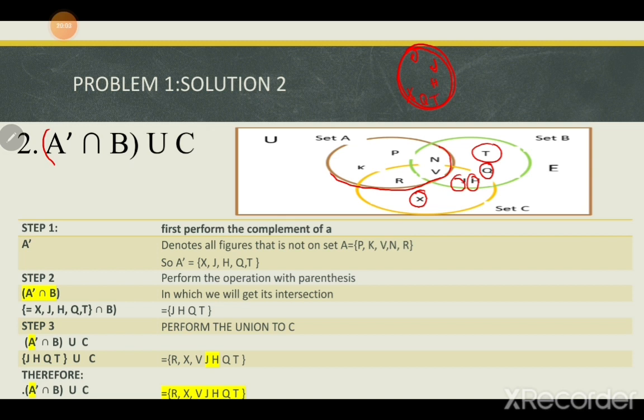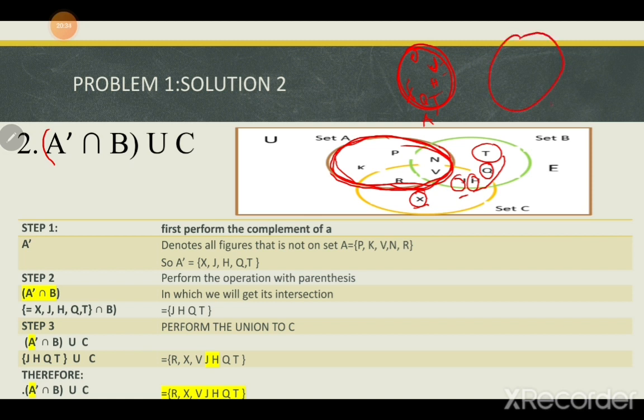Pag tinakpan mo ito, hindi ko siya matatakpan kasi wala naman ako sa loob ng screen. Pag tinakpan natin, ano yung mga nasa labas? Ito, X, J, H, Q, and T, right? Therefore, these are my A prime: X, Q, T, and J, H.